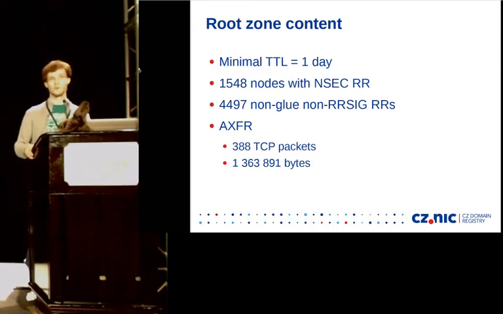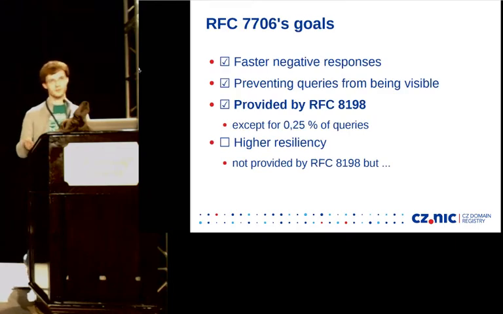And when we are looking into the root zone, you can see how big the root zone is, and that a zone transfer requires less than 400 packets. So if we return to the goals of RFC 7706 and the aggressive NSEC, the aggressive NSEC can certainly provide fast and negative responses.